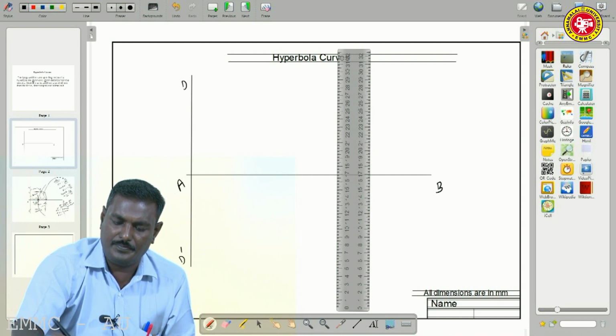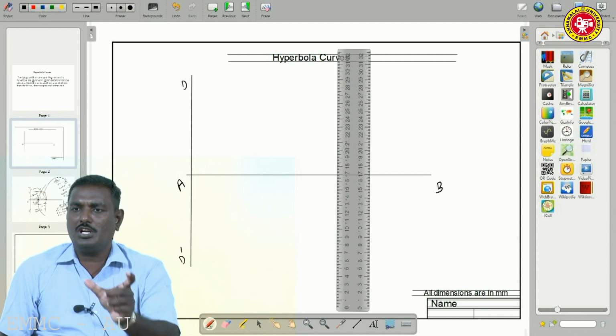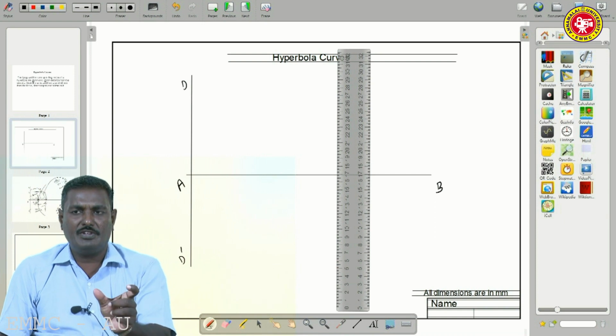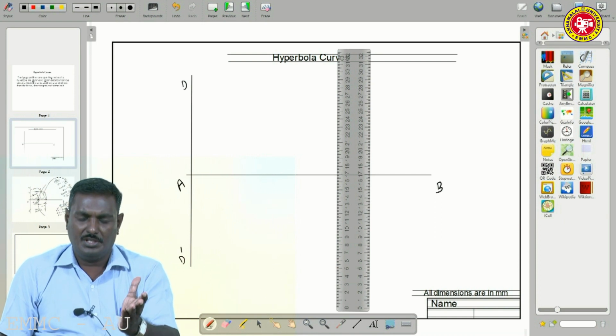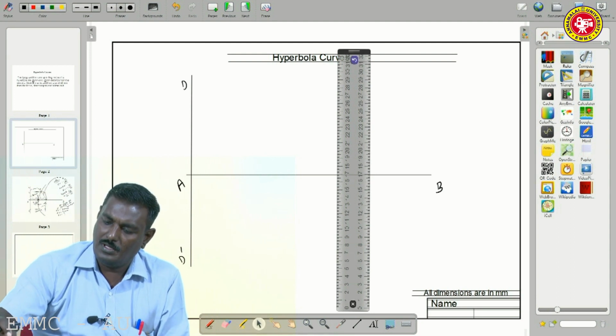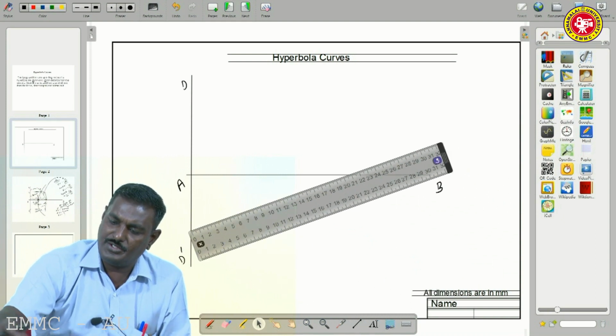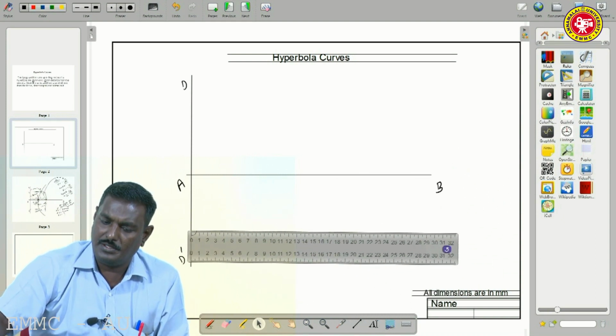D dash directrix. So the next step, we have to mark the focal point. What is the distance between the focus and the directrix? It's given, that is 60 mm. By using this scale we have to mark it.